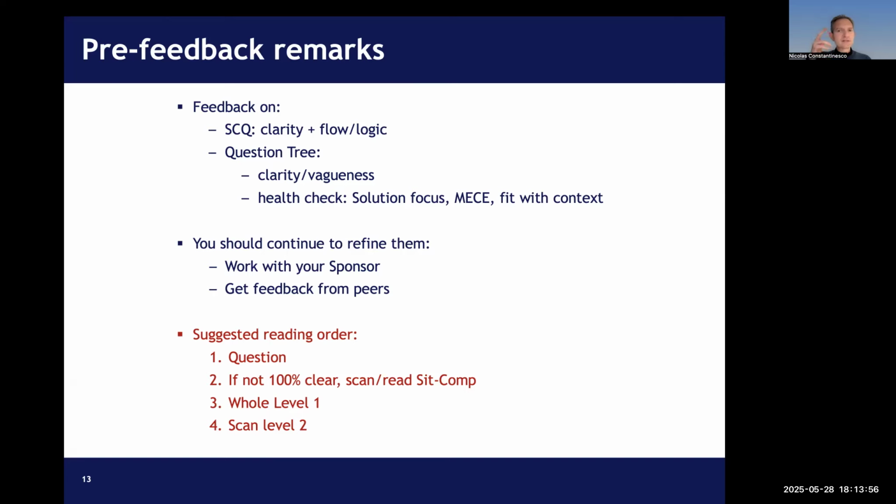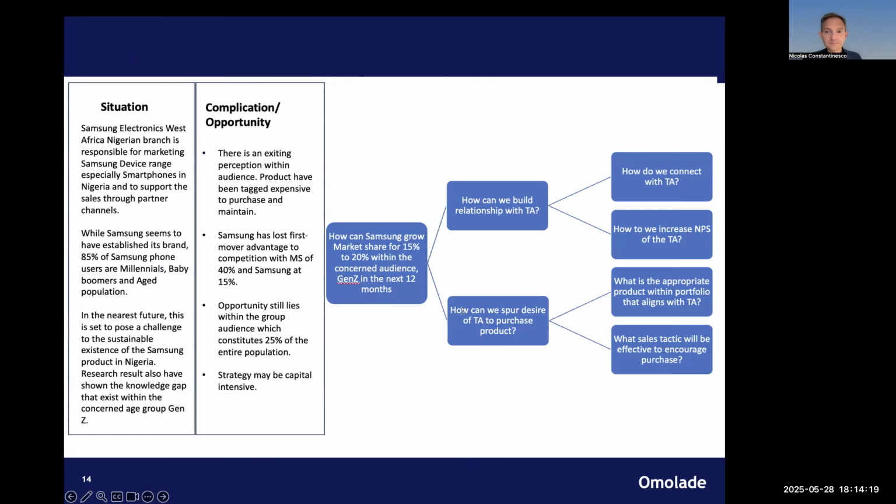If the question is not 100% clear to you or you want some more context, scan or read the situation and complication. Then read the whole level one, and then maybe scan level two. When you're done, let me know in the chat box, and then I will start providing my feedback. So here's the first one.